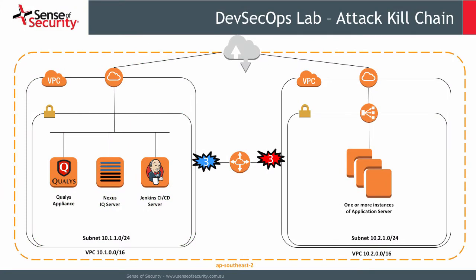Now let's go back to our network diagram and see where we are. Well, we've discovered this other subnet, this 10.1.1, and what we're actually doing at this point is traversing across the VPC peering arrangement that sits at the center of our network diagram.